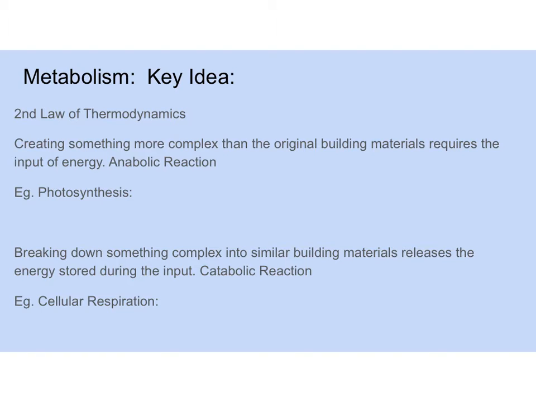All right, so a key idea, which I already mentioned, is the second law of thermodynamics: creating something more complex than the original building materials requires the input of energy, an anabolic reaction. An example would be photosynthesis. We take CO2, simple, and water.